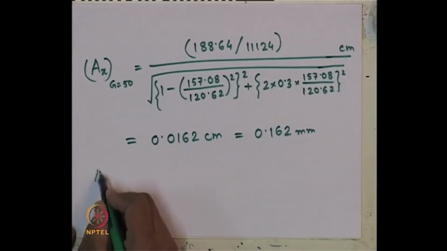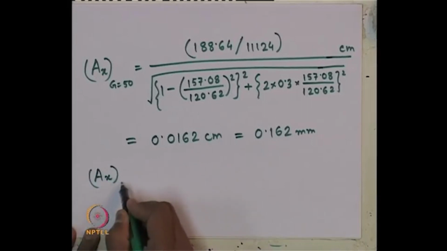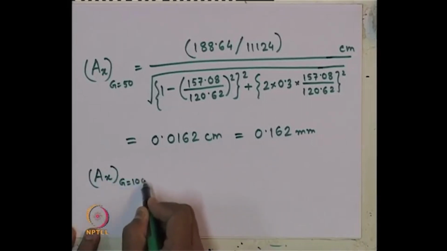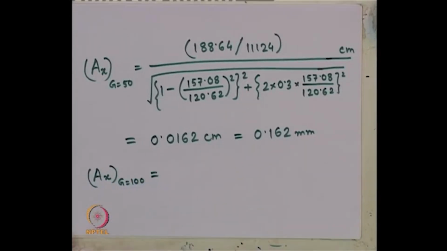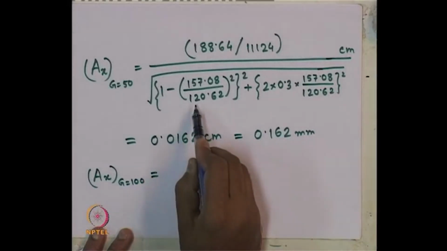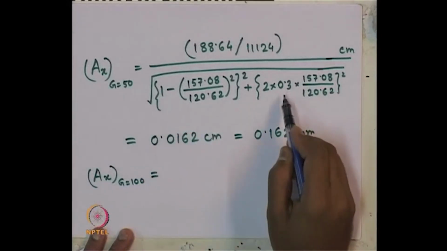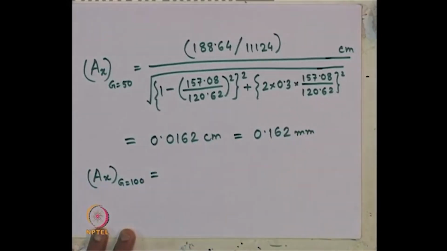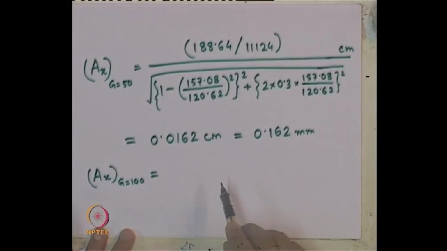Similarly, we can calculate A x for g equals to 100. In that case, the changes are that this k x will change, this omega n will change and this eta x will change. Fine.